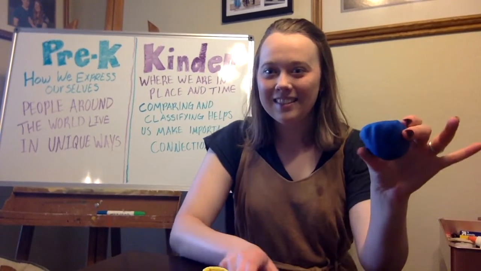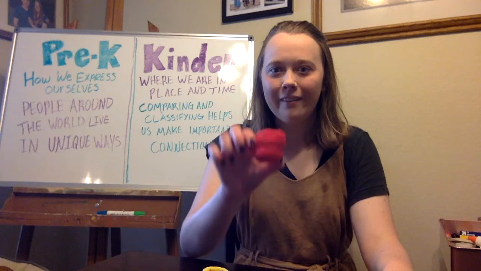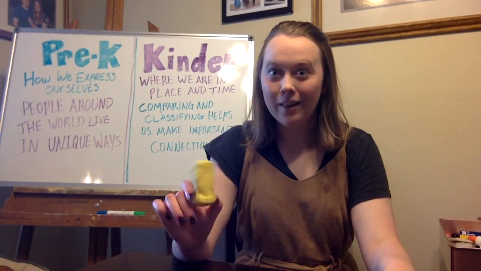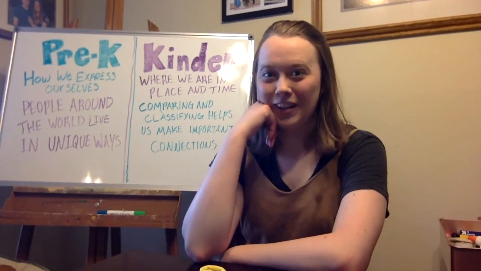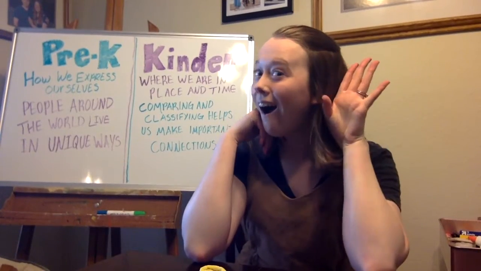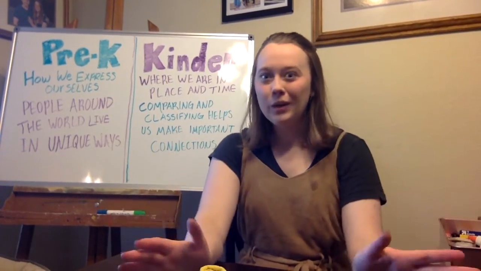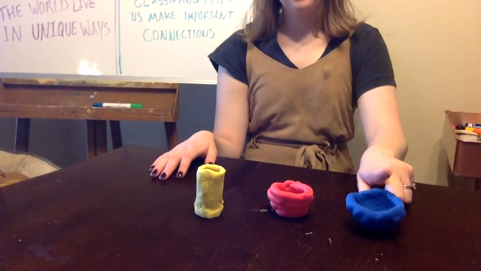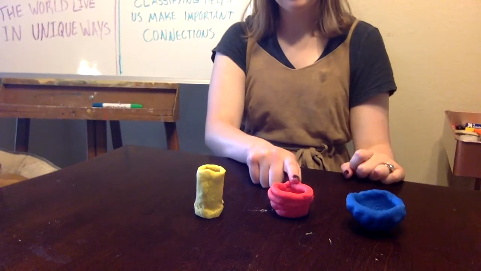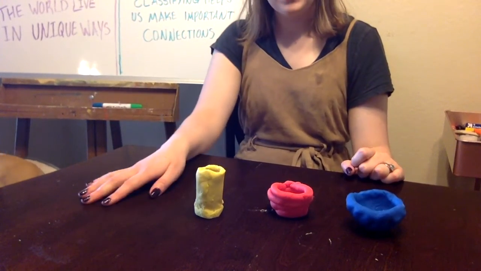Did you guys notice? I used blue, red, and yellow. What are those 3 colors? Are they primary colors? How fun. Which hand building pot was your favorite? Was it the pinch pot, the coil pot, or the slab pot?